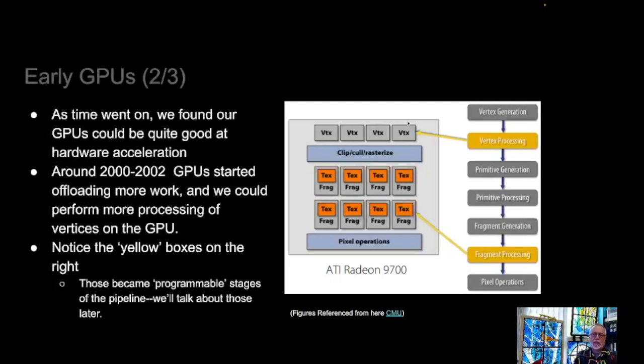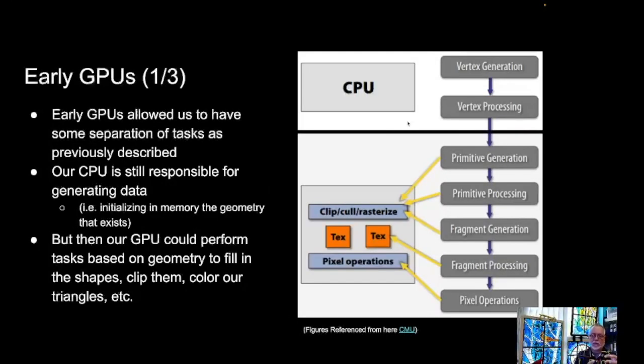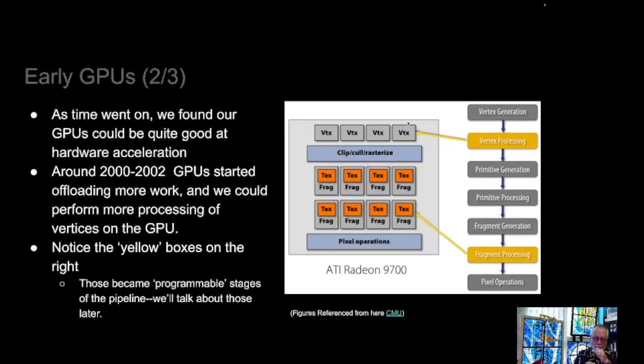But then it turns out that we wanted to be able to do some vertex processing. In this particular thing here, the vertex processing was transforming the vertex by multiplying it by a bunch of 3x3 matrices or 4x4 matrices, as we'll see. But that's just math, right? That's the stuff that the GPU is actually very good at. So we moved it into the GPU, and we made it so that you could actually customize that yourself.